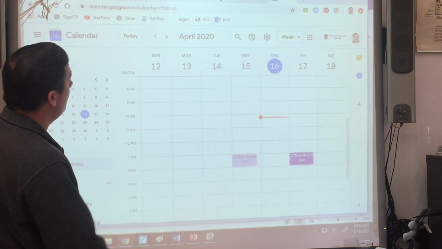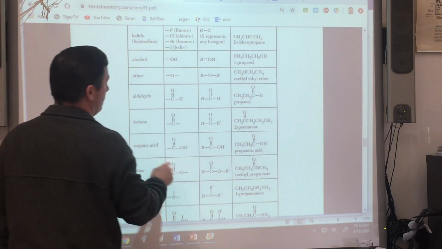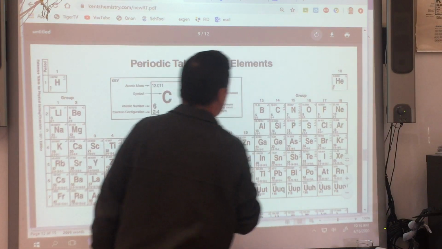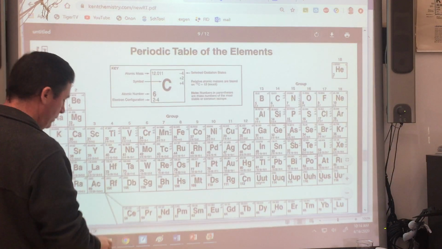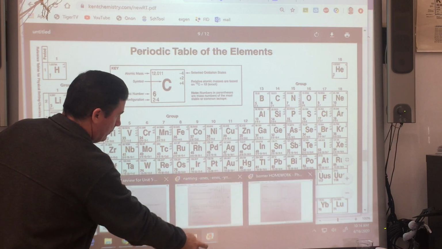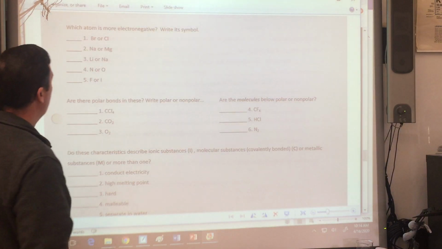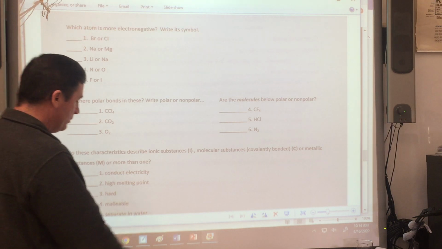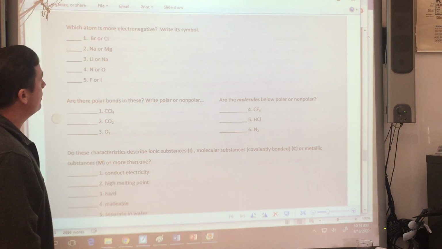And we will also pull up the periodic table. Okay, which atom is more electronegative? Give its symbol. So we have a choice here.